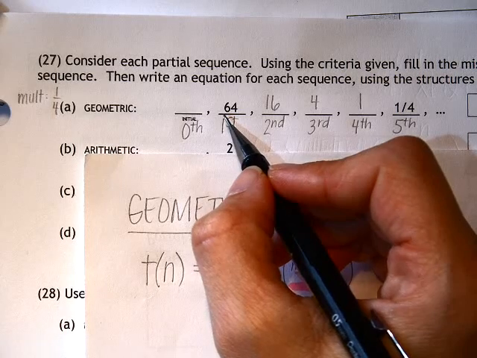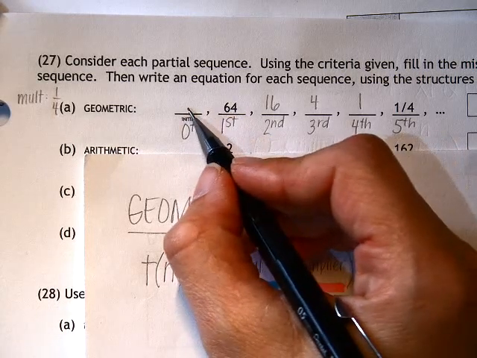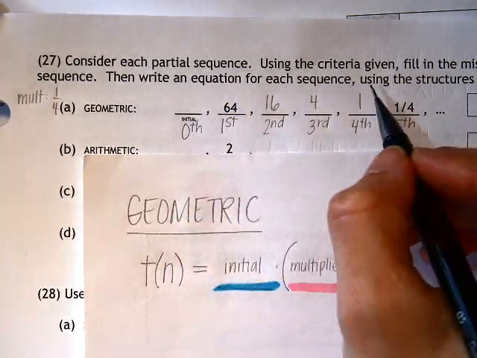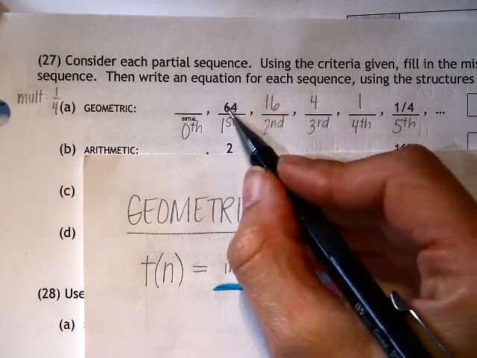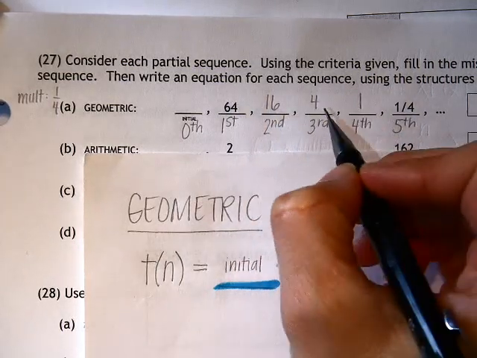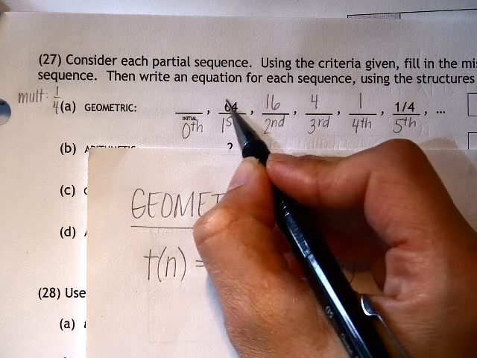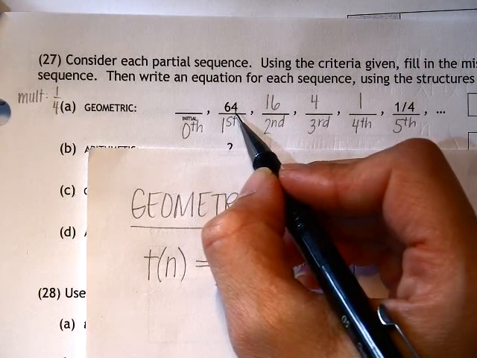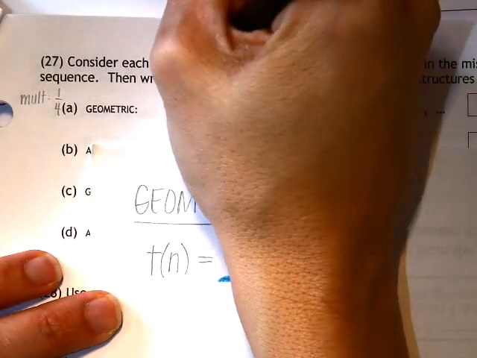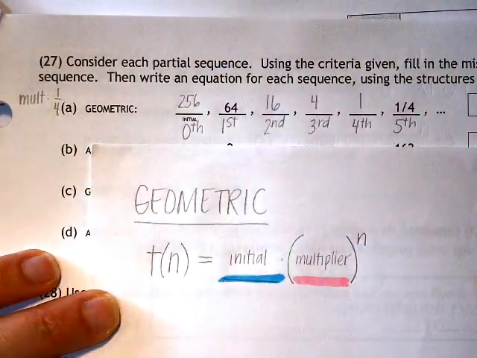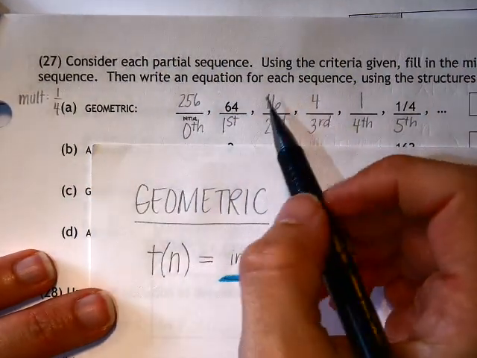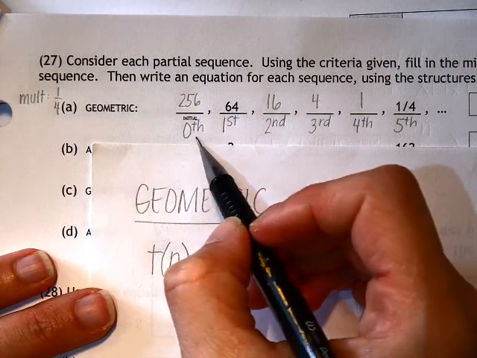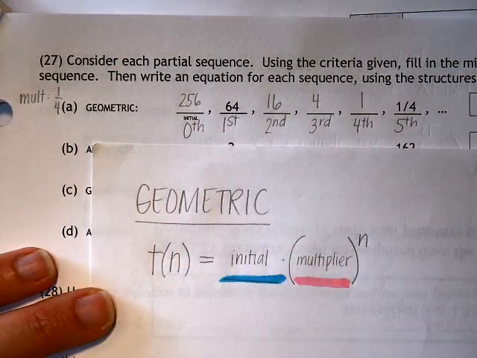That must mean that 64 times 4 could allow me to go backwards. The times 4 pattern going backwards seems to be true. 1 times 4 is 4, 4 times 4 is 16, 16 times 4 is 64. So naturally then 64 times 4, which is 256, must have been my initial value. In other words, it must have been the 0th term before the 64.